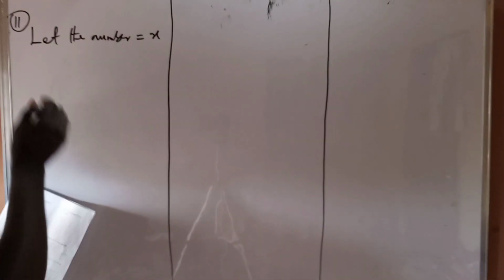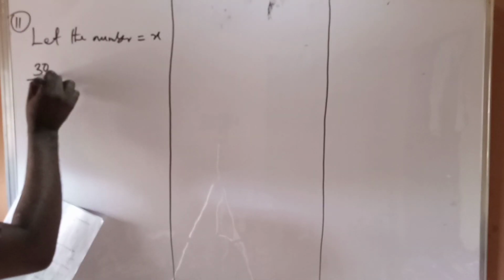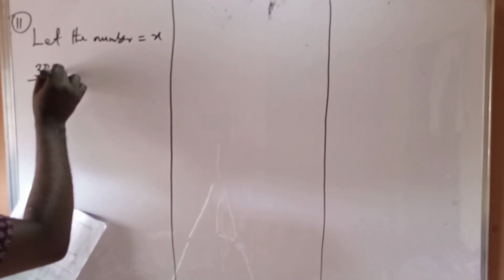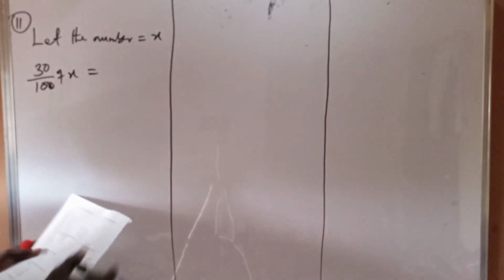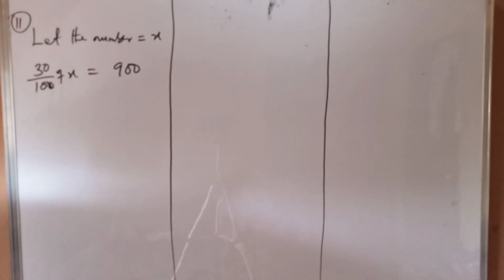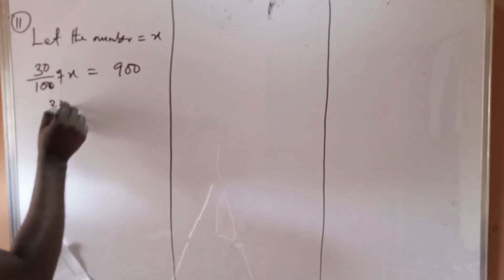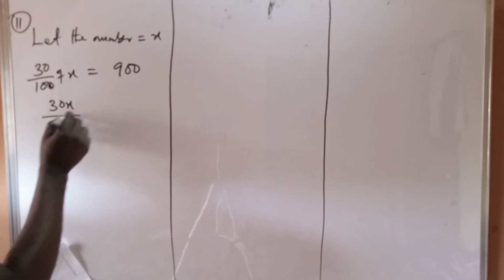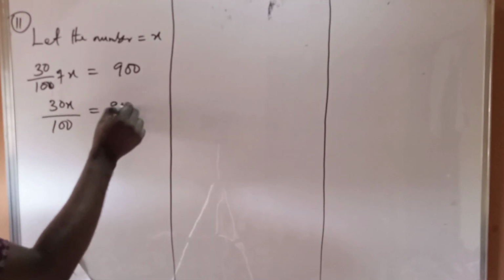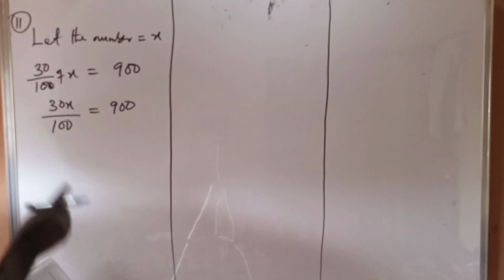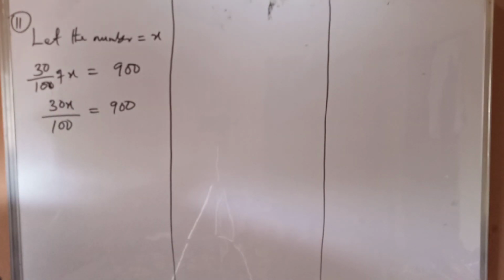So 30% of it, that is 30 divided by 100 of x, is 900. So that means 30x divided by 100 equals 900. What we're looking for is the number, which is x.